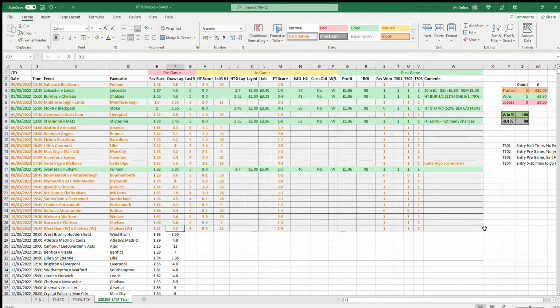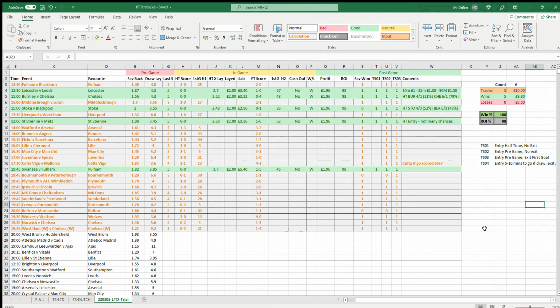Now the idea of this at some point is to scale up, or even if we don't talk about scaling up at the moment, if you take that £16.40 and apply it to all the profits we would have made out of all these, that's what I need to calculate actually. Because if we put a trade in against all these games here, we would obviously have profit, because we entered pre-game and we exited on the first goal on trading strategy 3.